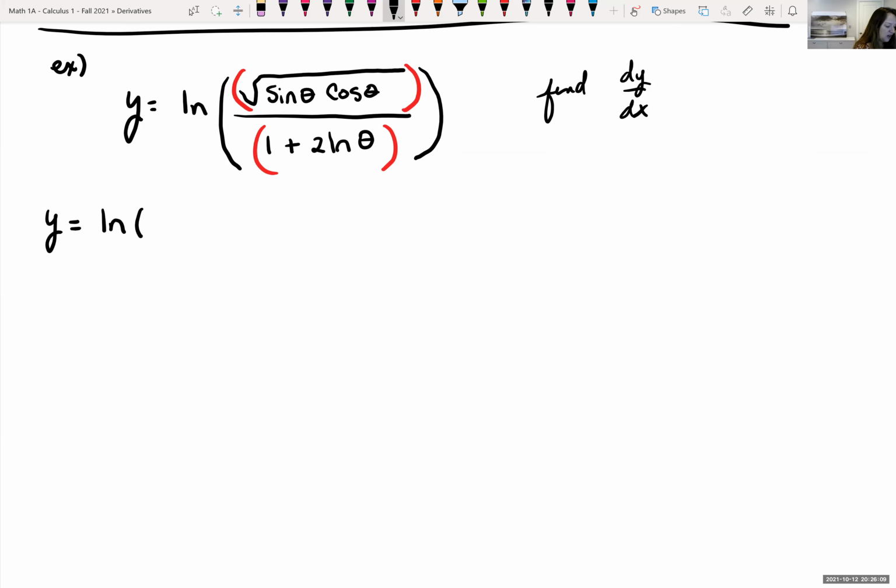So we have the natural log of sine theta cosine theta, and that's all raised to that 1/2 power, minus the natural log of my denominator. So in my denominator, I have 1 plus 2 natural log of theta.